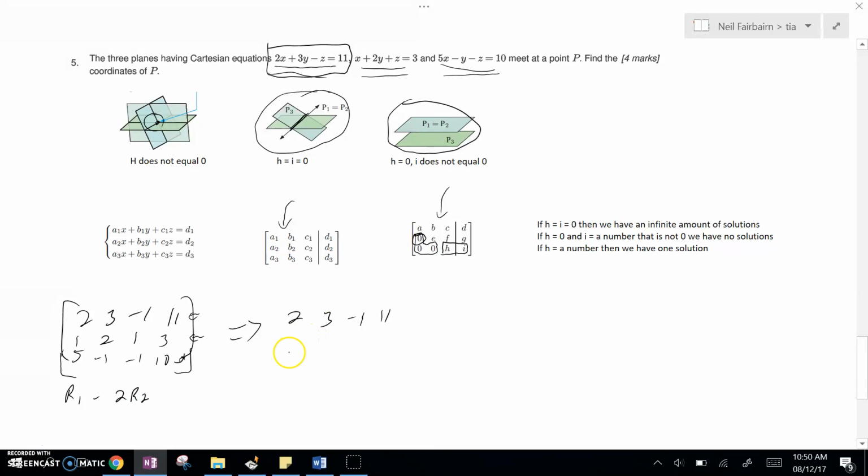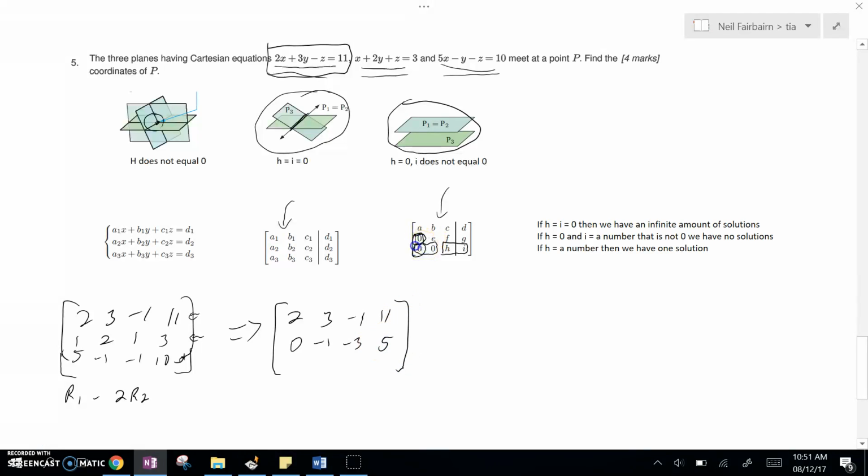So what we're going to get is 2 minus 2 is 0. The next one is going to be 3 minus 4, which is negative 1. Then we've got negative 1 minus, or plus 2, which is equal to negative 3. So negative 1 minus 2 is equal to negative 3. And then we've got 11 minus 6, which is equal to 5.